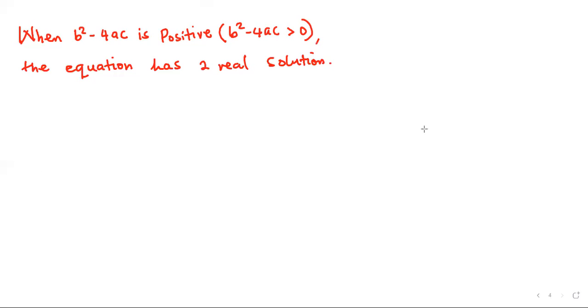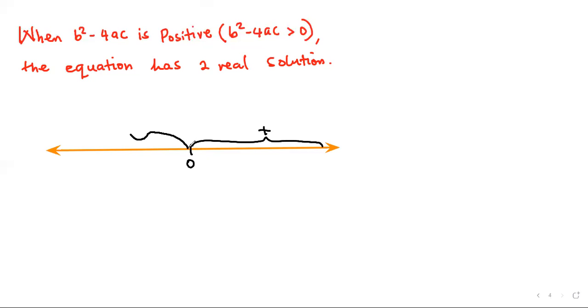Let me summarize this on a number line. We can say that this is 0, and of course this side is positive, and this side is negative.